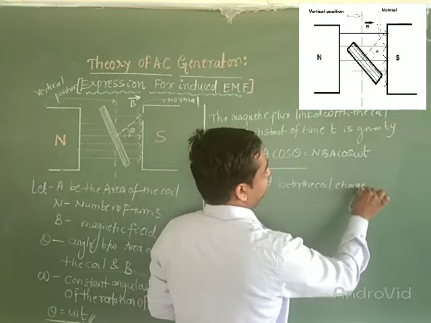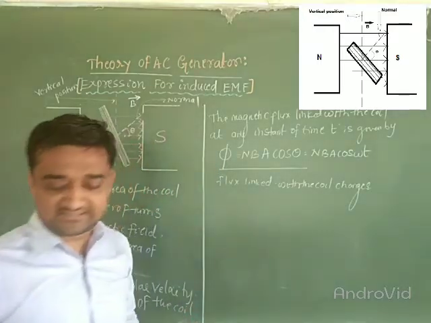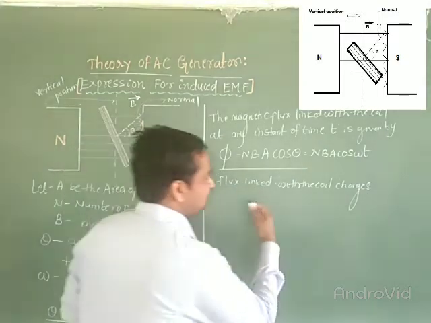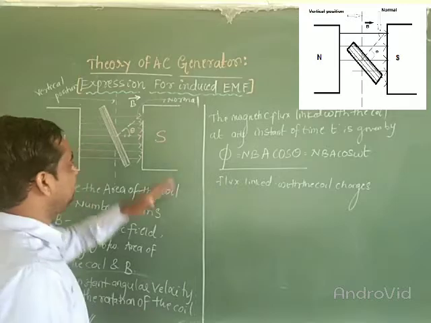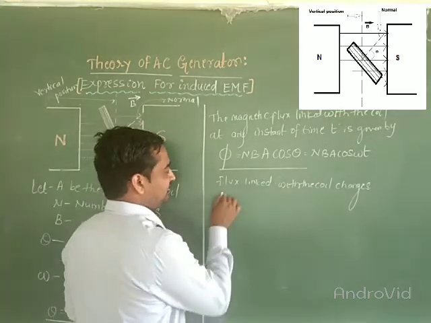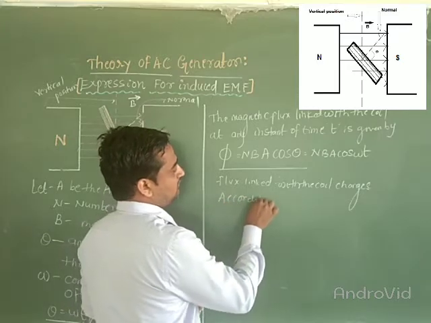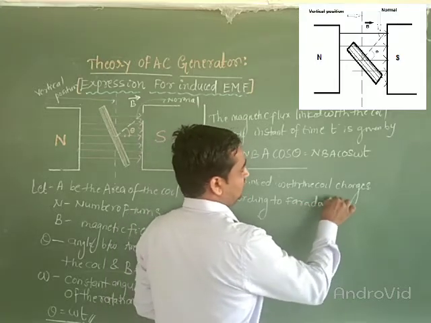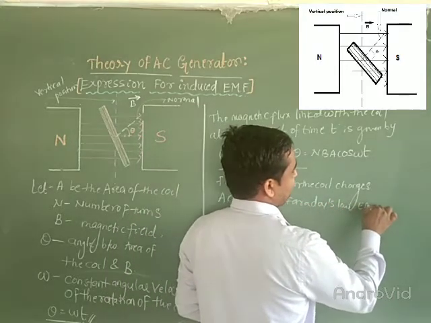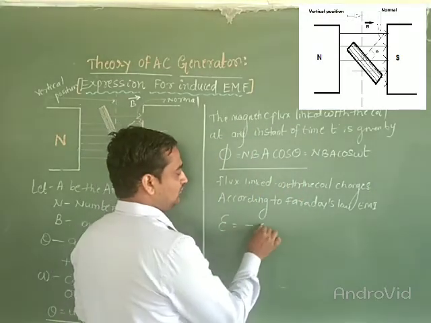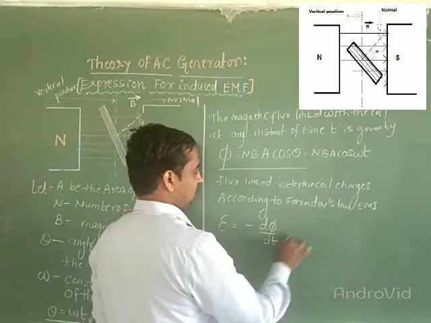So now the induced EMF is given by, according to Faraday's law of electromagnetic induction, E is equal to minus d phi by dt.